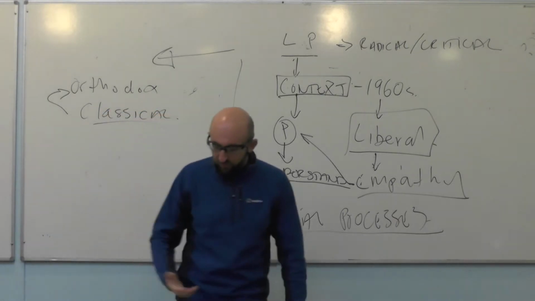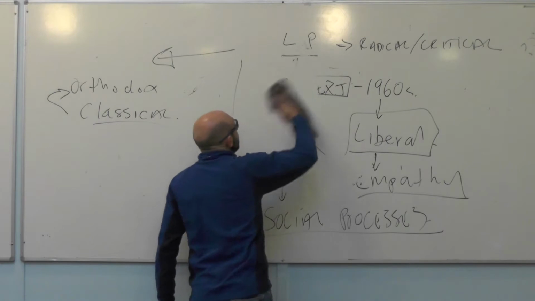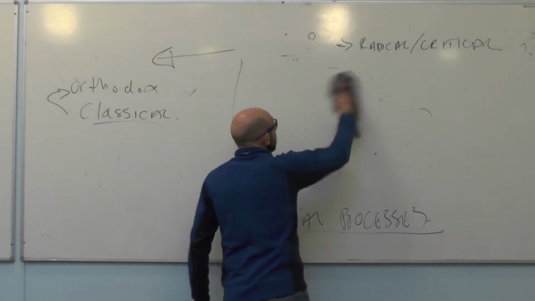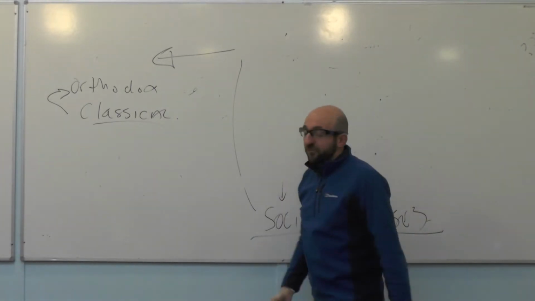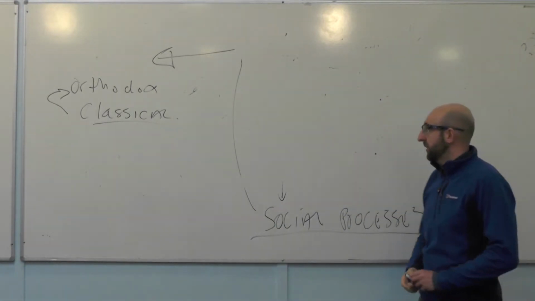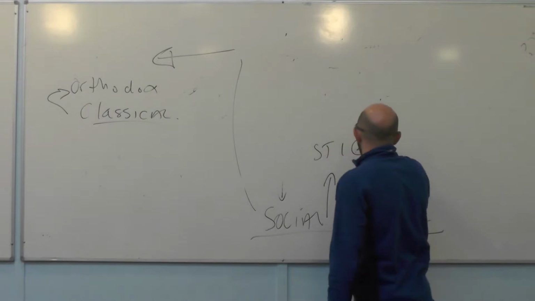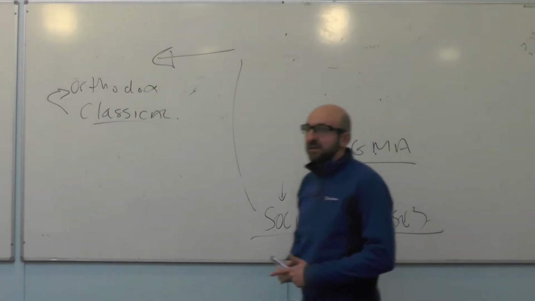There's a recognition that crime and deviancy was the product of a social process. In particular, they wanted to understand how stigma was attached to individuals.